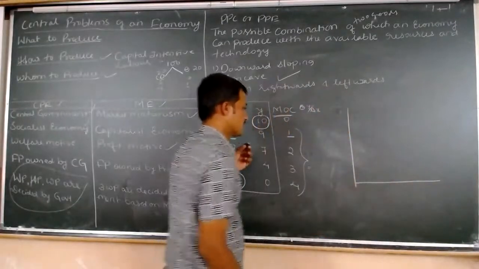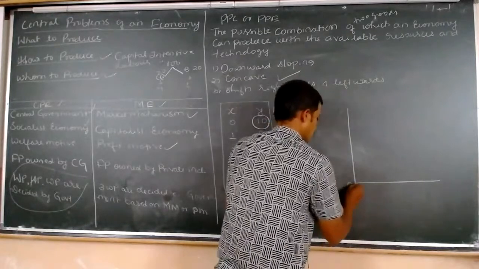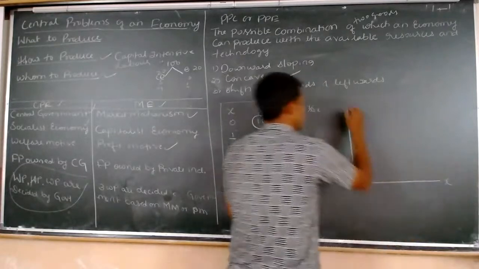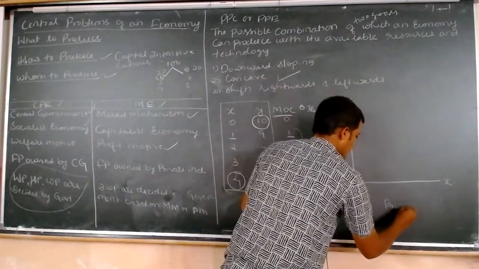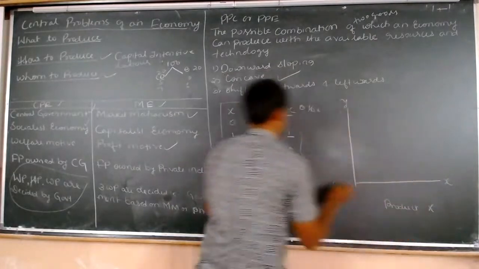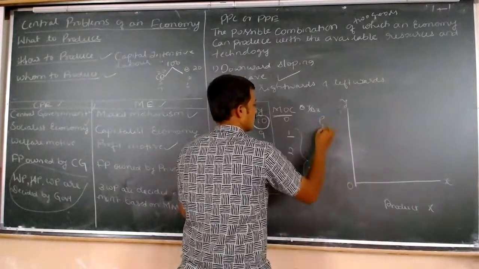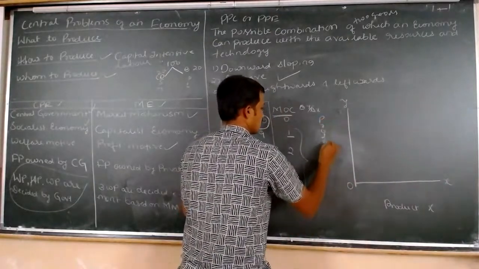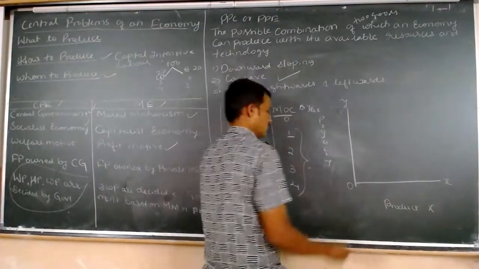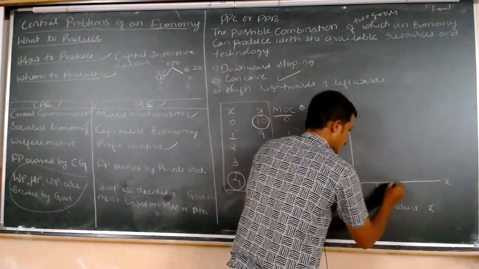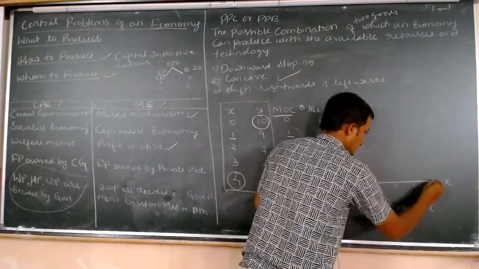Okay, so this is OX and OY, and here it is product X, and here it is product Y. So 0, 1, 2, 3, and 4.